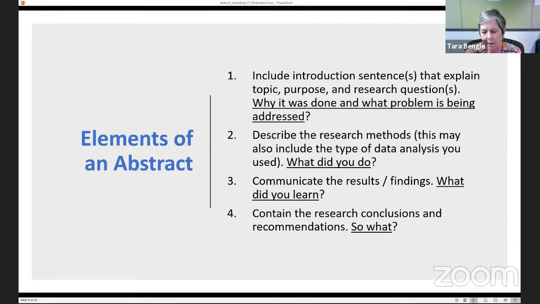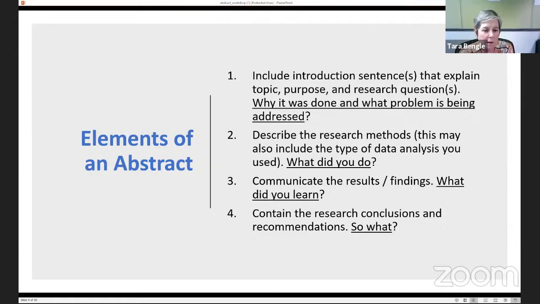I think likely in writing something in the humanities, that's going to be more like the topic and purpose. Research question might actually be framed more as a research statement. And in that introduction sentence, what you're essentially doing is explaining why the research was done and what problem is being addressed through the research.